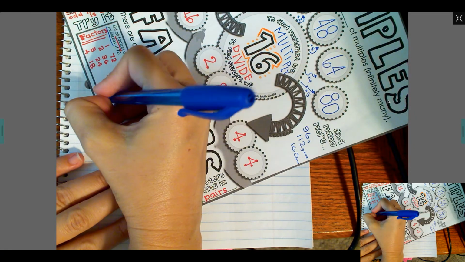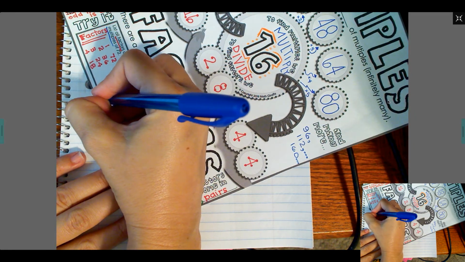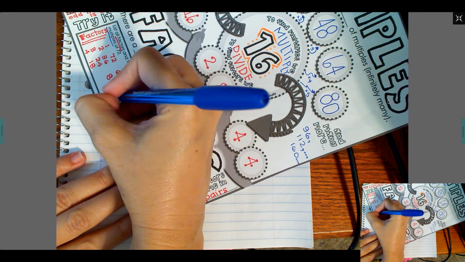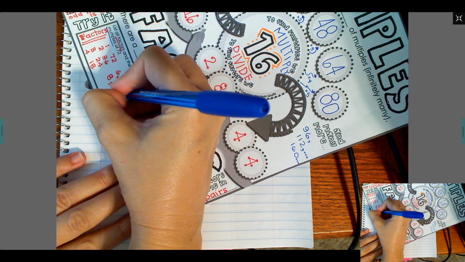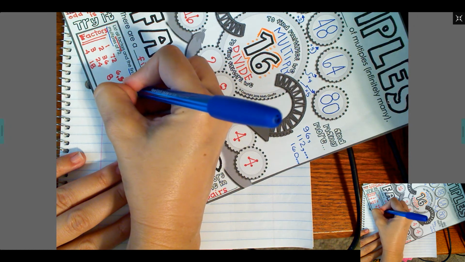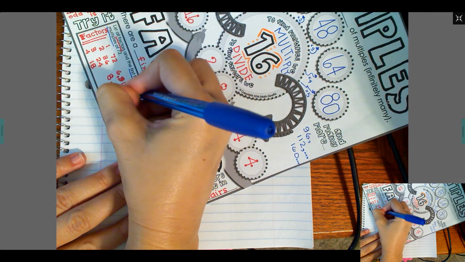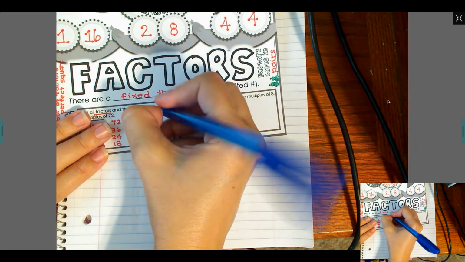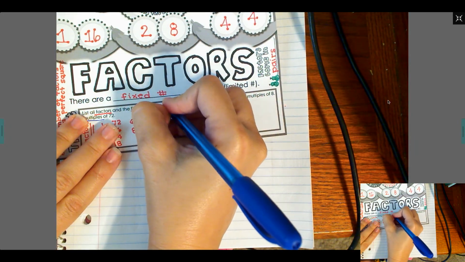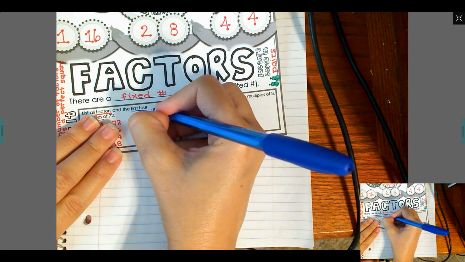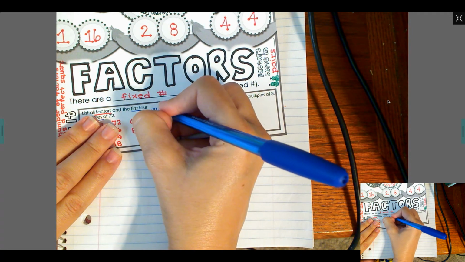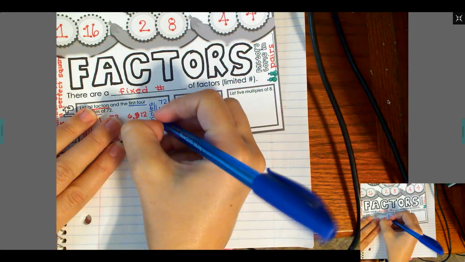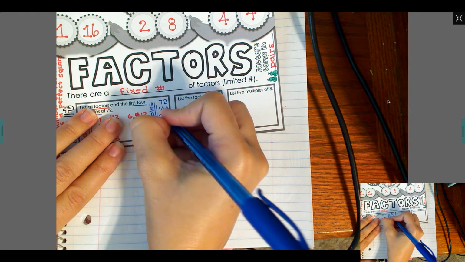Now let's talk about multiples. What are the first 4 multiples of 72? And these are some actually pretty big numbers here, but we know that there's 72 times 1, which is 72. 72 times 2 is 144. 72 times 3 is 216.